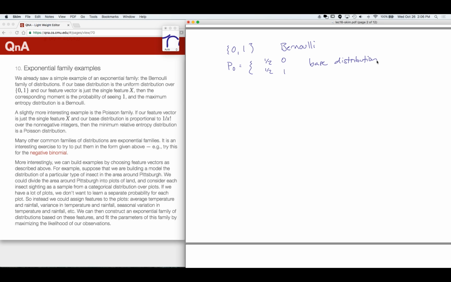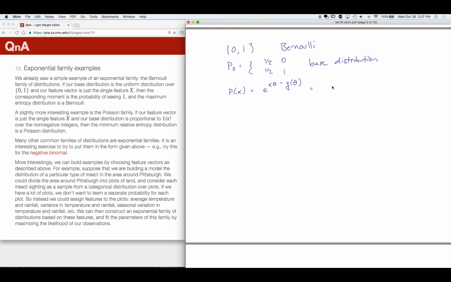And so what that means is our probability distribution, P of x, where x is either 0 or 1, is equal to e to the t of x dot theta, right? So we have to decide what our features are. I'm just going to pick the single feature of x. So it's just going to be e to the x theta minus the normalizing constant, right?